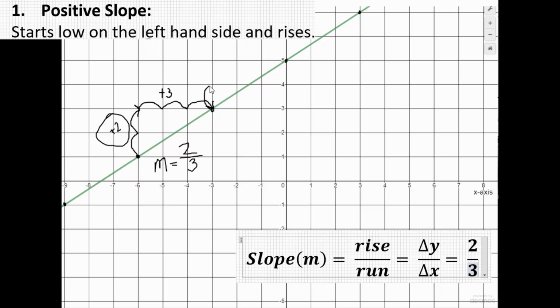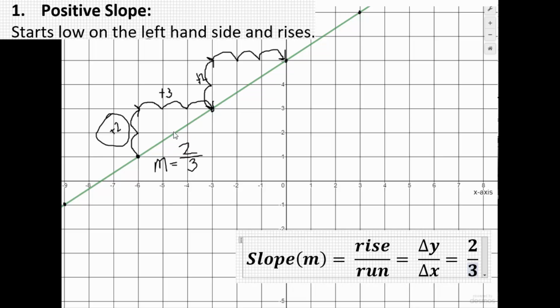So I see from -3, 3, that point, to the point 0, 5, it goes up 1, 2. So again, I see a change in y of +2. And then the run, the change in x, the horizontal change between these 2 points is 1, 2, 3.